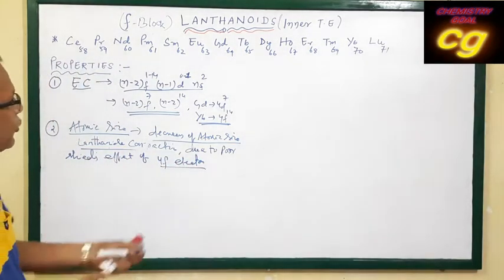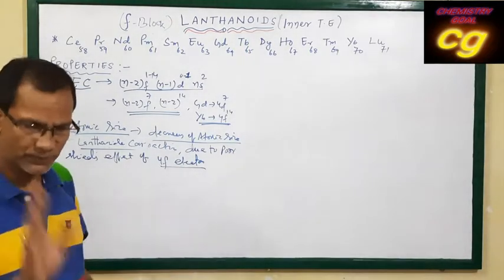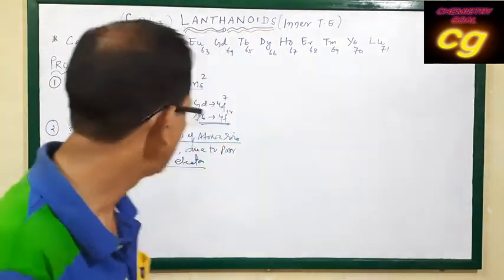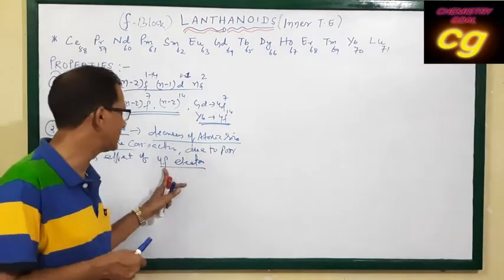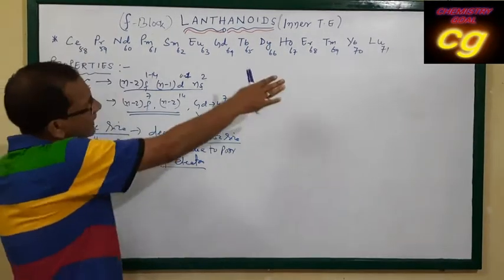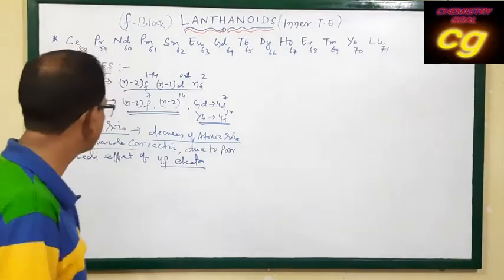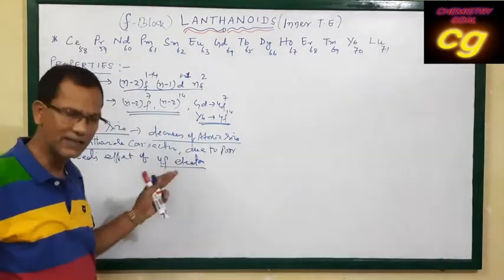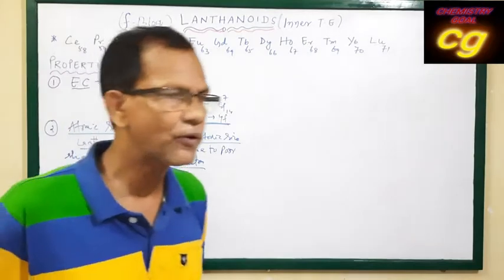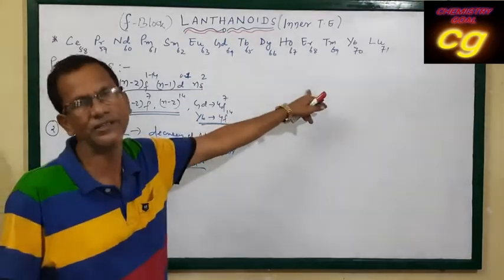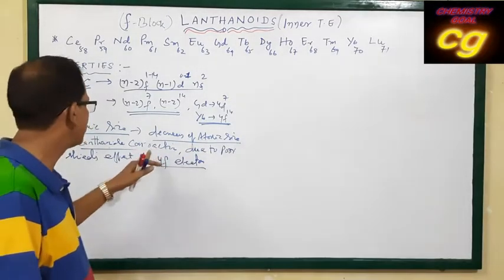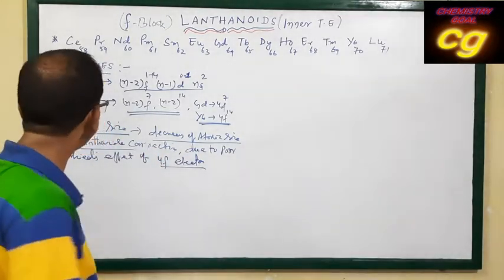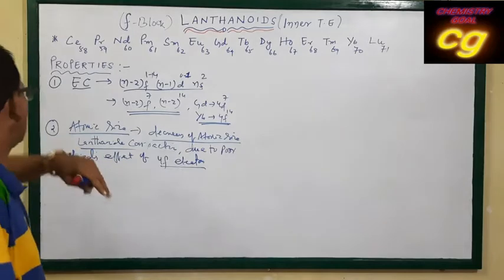We know the f subshell has a poor shielding effect. From left to right the nuclear charge is increasing but the shielding effect is decreasing. That's why the size from left to right is decreasing, and that's why it is called lanthanide contraction. This takes place in the case of lanthanides.